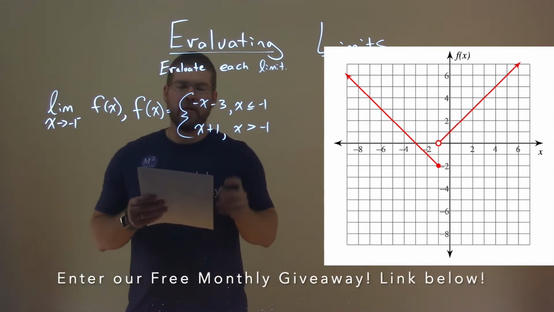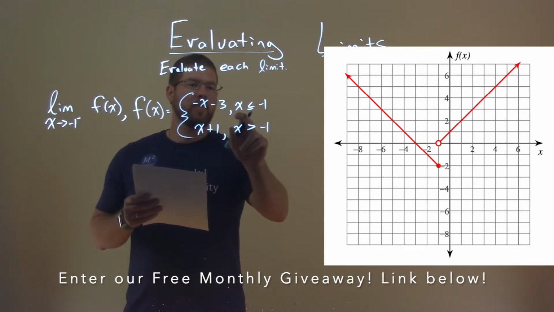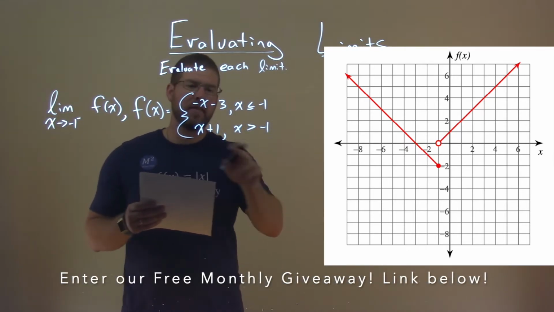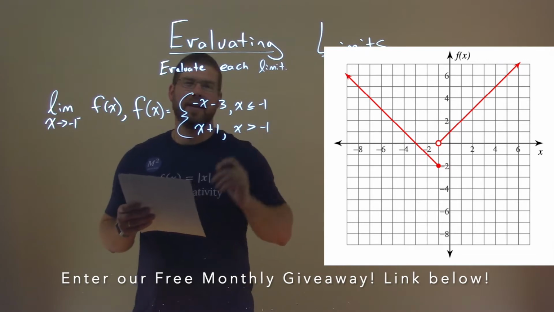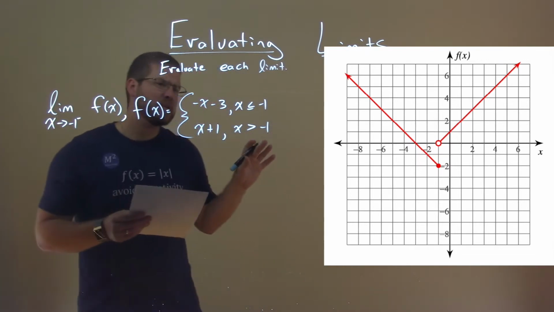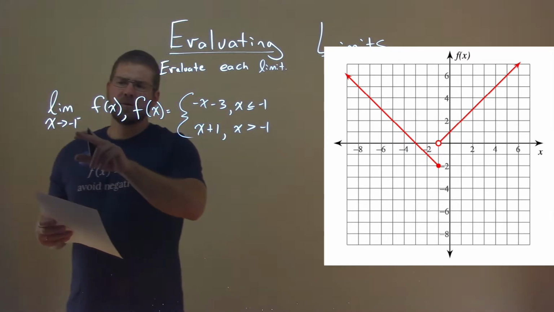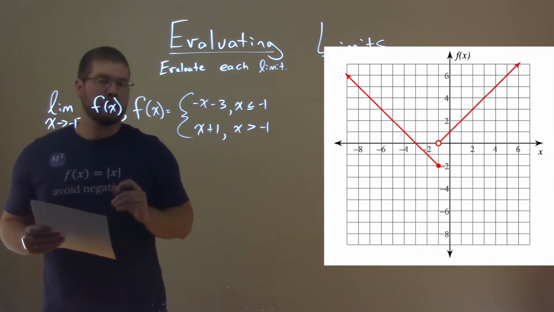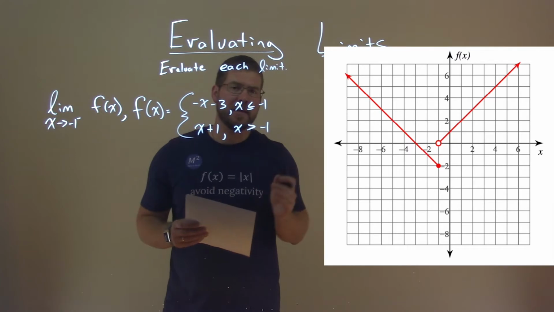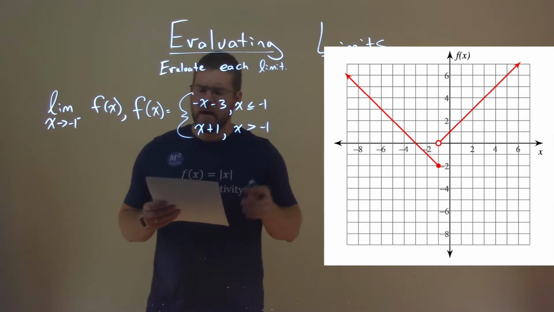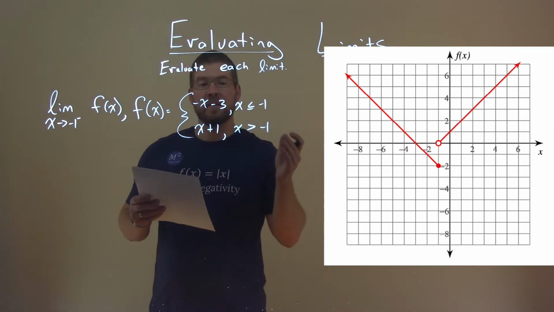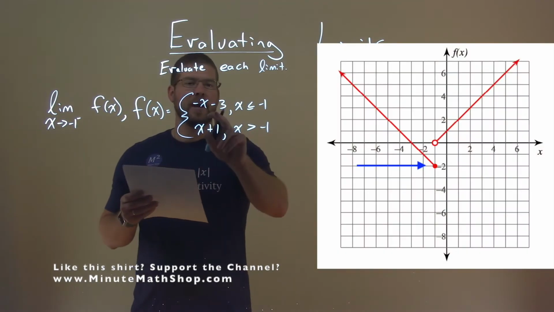Now, that graph shows the piecewise function. We have the -x minus 3 for when x is less than or equal to -1, and then the x plus 1 where x is greater than -1. And graphing this actually helps us really find this limit. We have to approach where x approaches -1 from the left, because you see the jump is happening here when x is -1. And when we approach from the left, we're using the top equation right here.